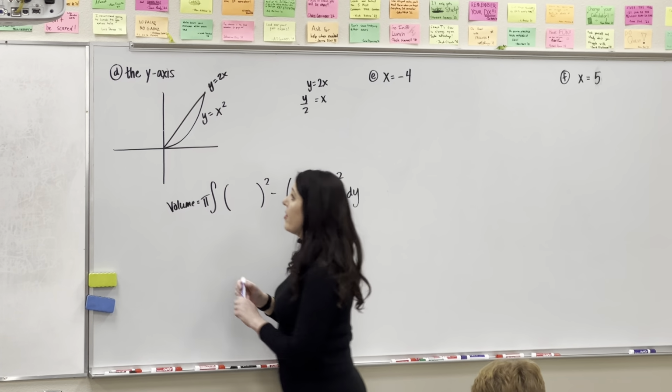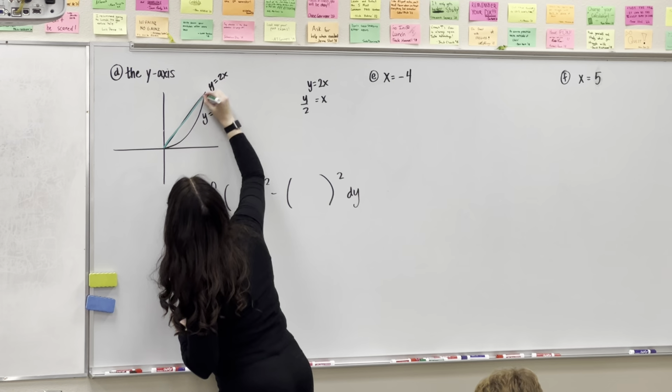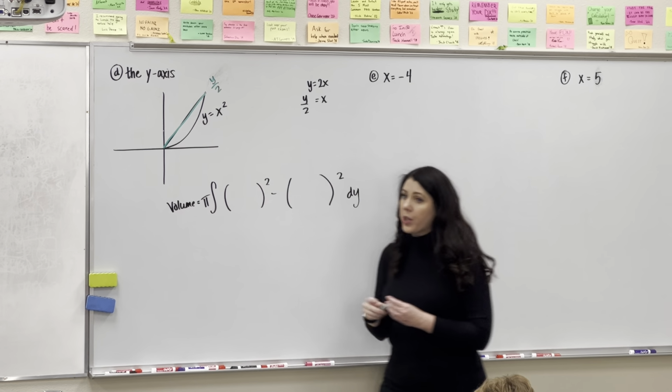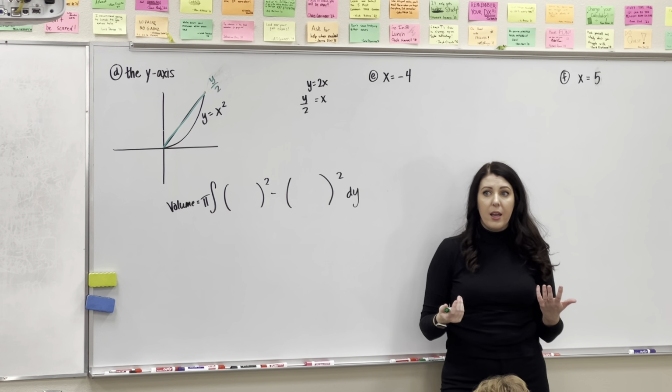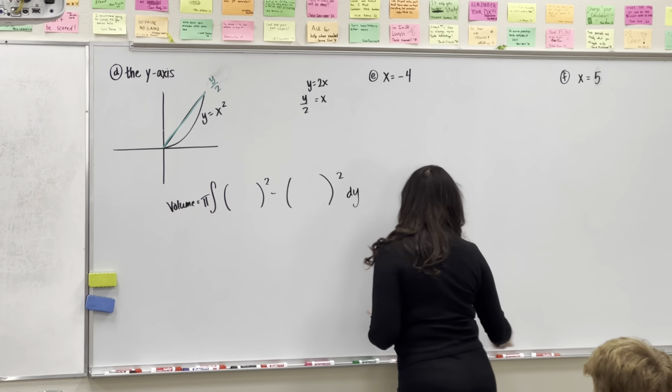I'm going to relabel this as y over 2. So this equation is now x equals y over 2. You really just need to call it y over 2 because we're going to be doing everything in terms of y.